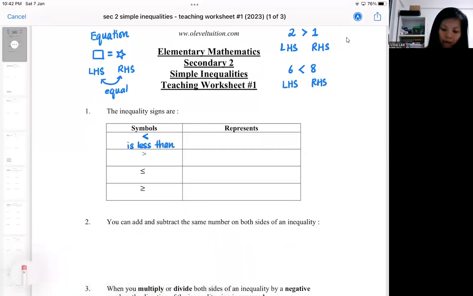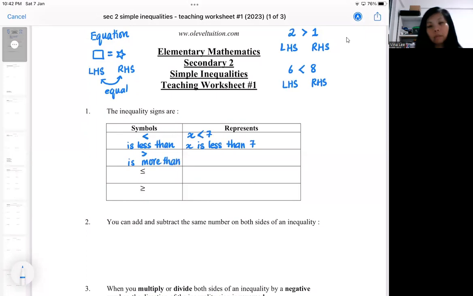So if I have x less than 7, that means x is less than 7. This other symbol represents the words is more than. So if I use the symbol in this way, that means x is more than 10.